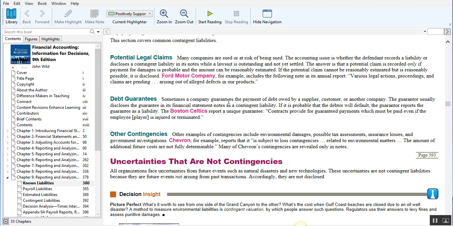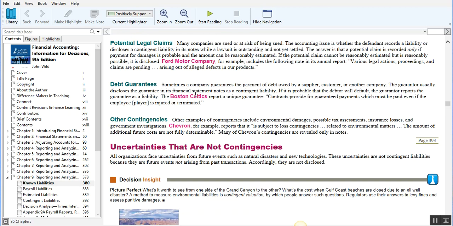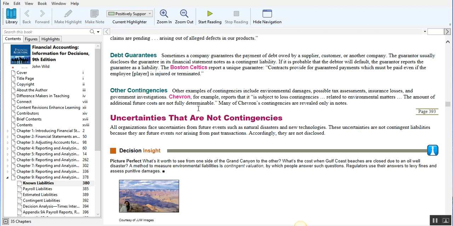And here are some examples of how companies actually apply those. You have possible legal claims. Ford Motor Company has a very blanket statement saying that they have claims pending. They don't have an amount, but they state that they have them. The Boston Celtics are talking about guaranteed payments for players, basically guaranteed salary in the event of an injury.